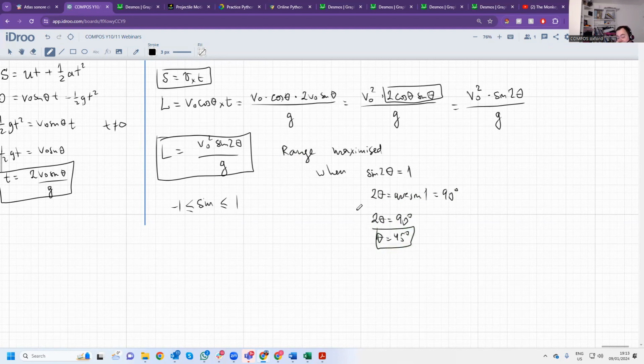Range is always maximized at 45 degrees if you're shooting from the ground and there's no air resistance.